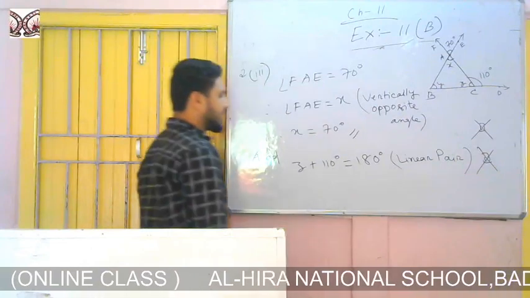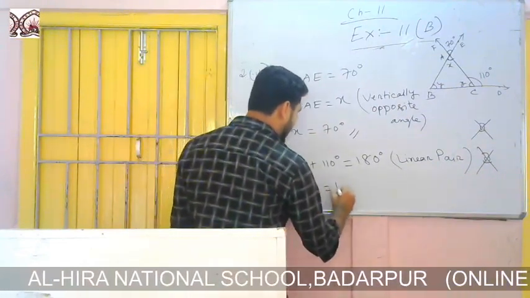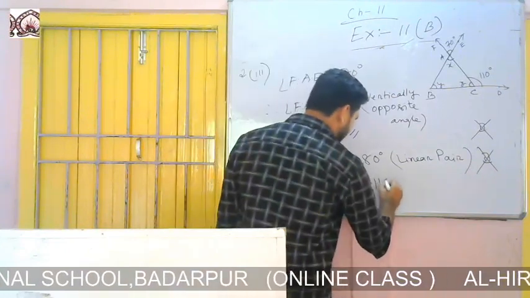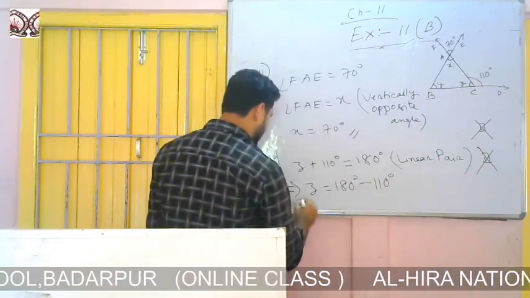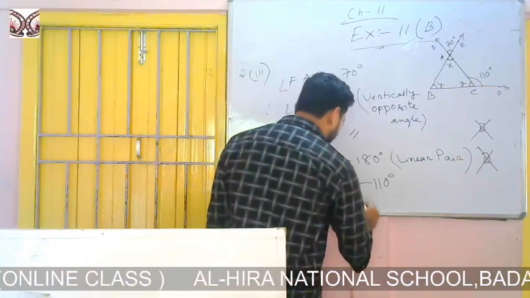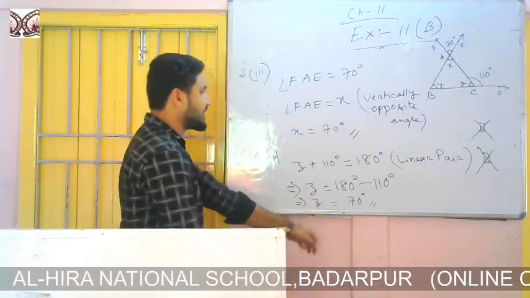Then Z equals 180 degree minus 110 degree. If I subtract, then I will get 70 degree. So that is the measure of angle Z.